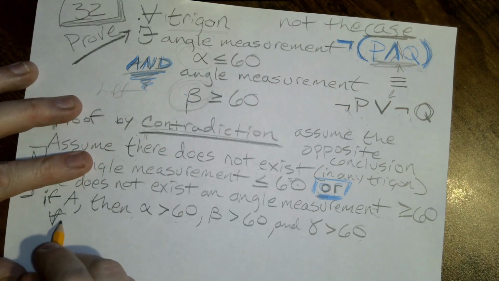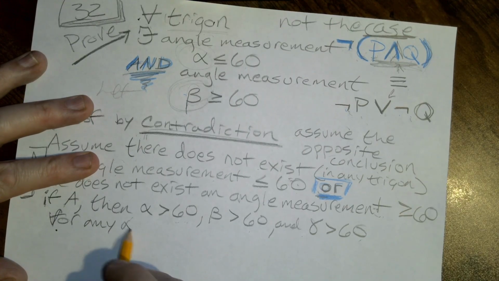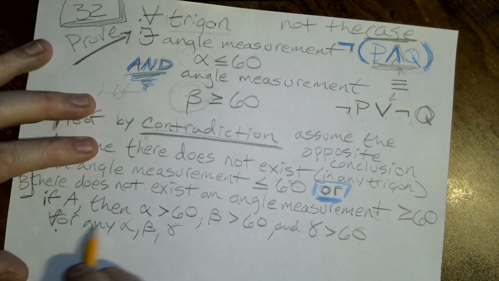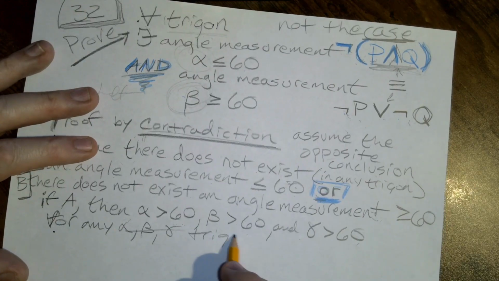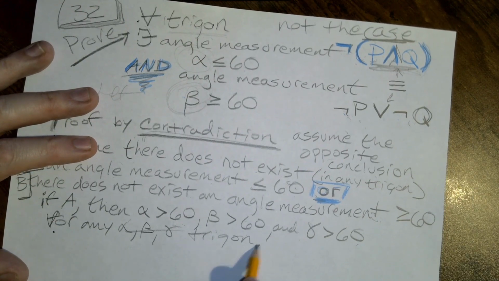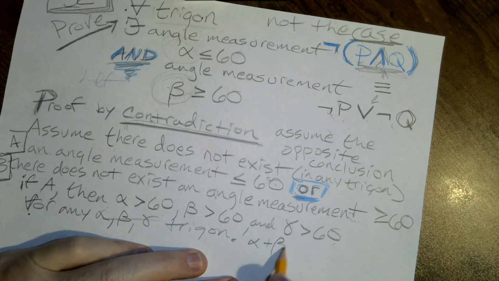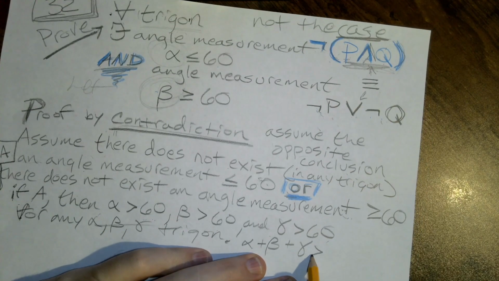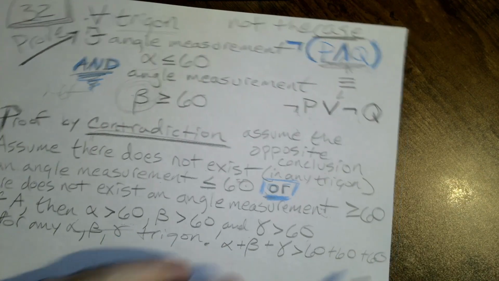Say for any alpha, beta, gamma, for any trigon, for every trigon. So that means alpha plus beta plus gamma is greater than 60 plus 60 plus 60.